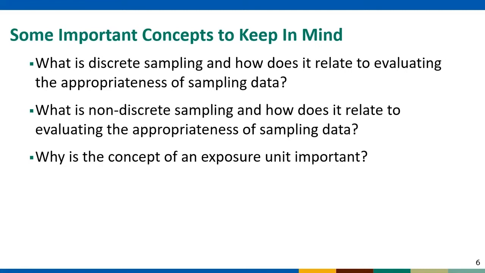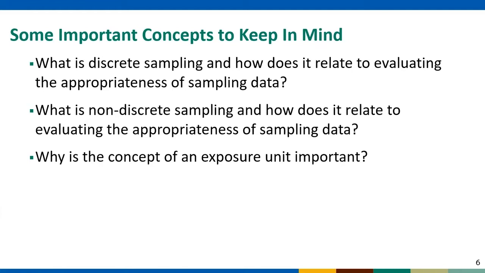ISM samples are designed to characterize the overall contaminant levels within an area of interest using a predetermined grid and sample location. The grid consists of numerous discrete soil samples, usually 30 or more, that are collected and combined to form a single ISM sample for laboratory analysis and processing.